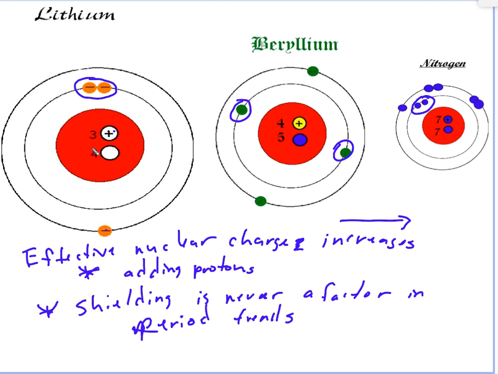So why do they get smaller as you go across? Well, the answer is the effective nuclear charge increases as you go across because you're adding more protons into the nucleus. The protons pull the electrons closer to the nucleus. Nitrogen has a more powerful nucleus than lithium. It allows nitrogen to pull its electrons closer. All right? So that's the period trend.